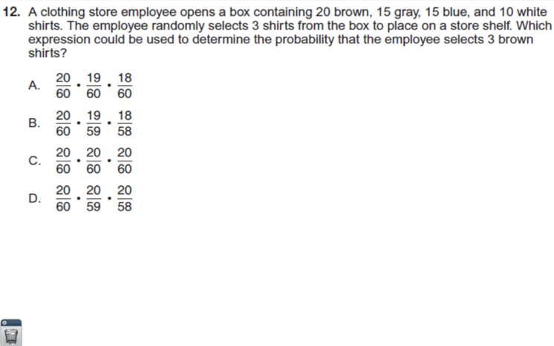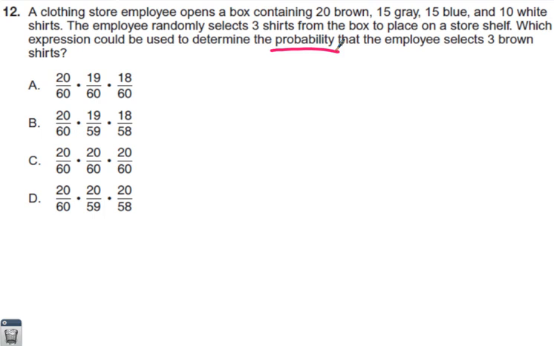All right, number 12. Number 12 talks about probability. Again, pause the video, read this thoroughly before watching me do it, okay? And listen to me do it. All right, so now that you've done that, this question is not only about probability. This question is about compound probability, because we're doing 3 events in a row.